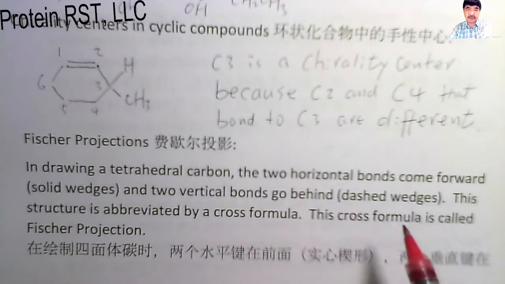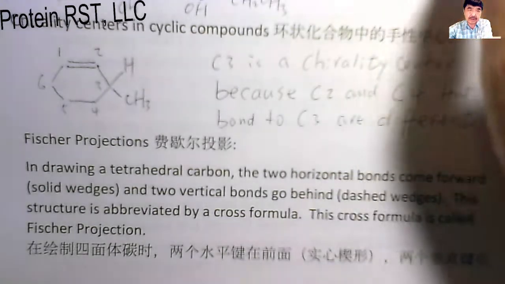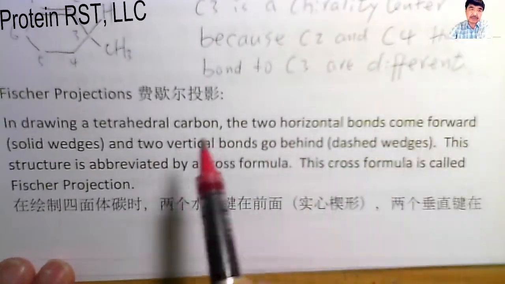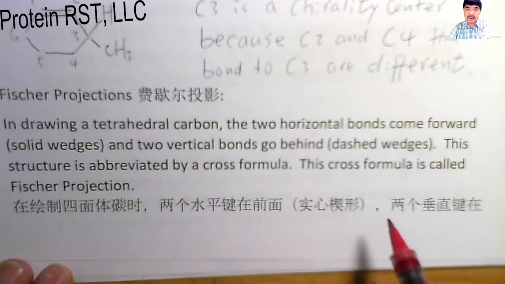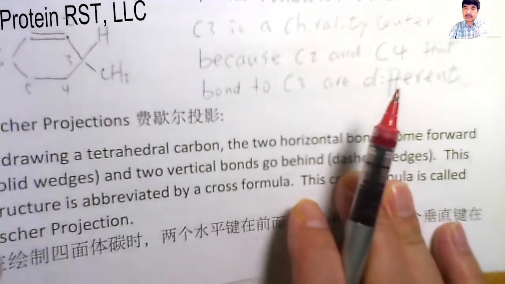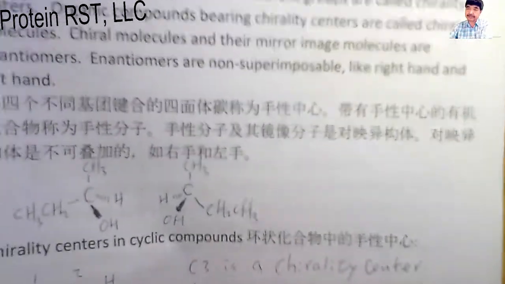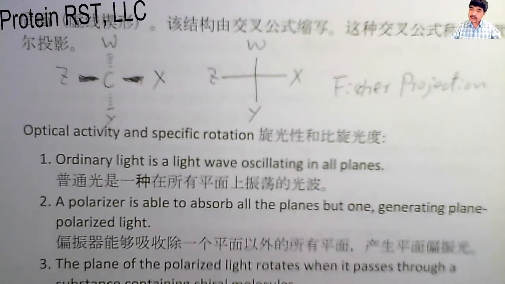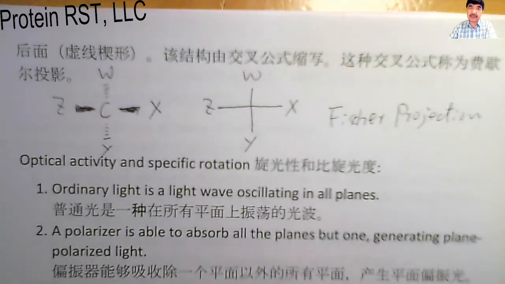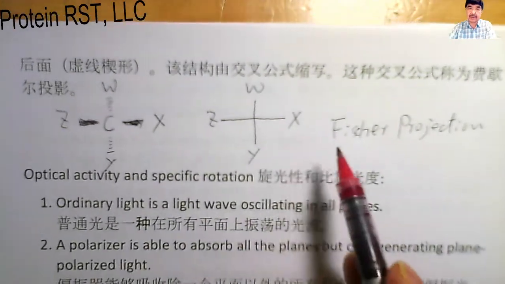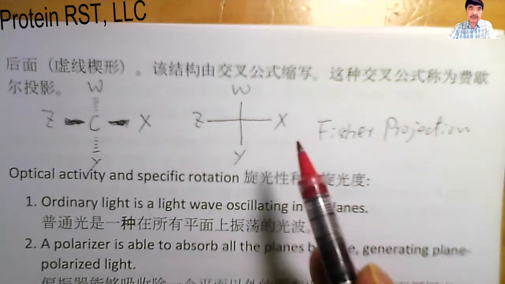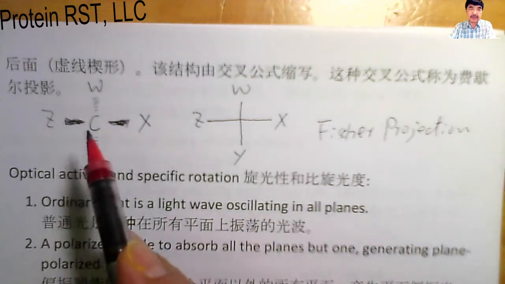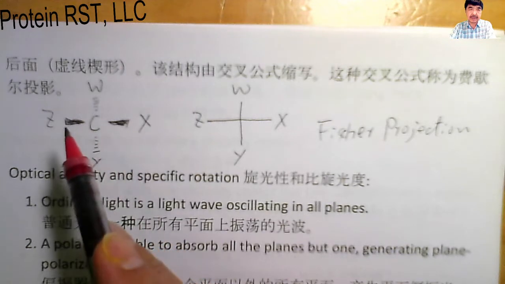The cross formula is called the Fischer projection.